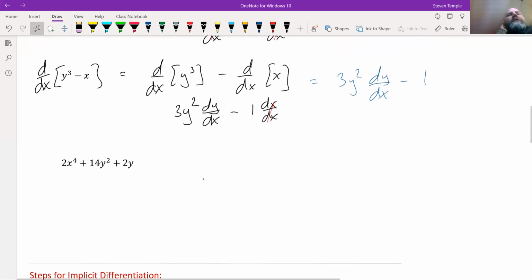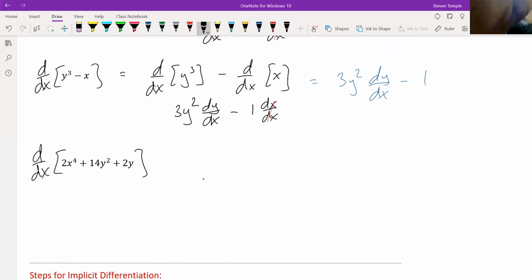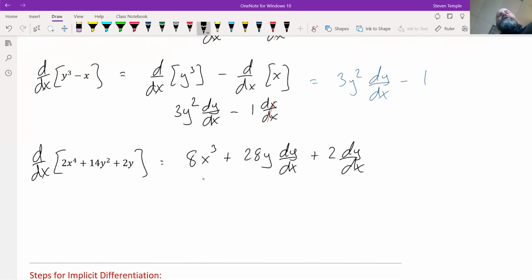For the next one, I ask you to take the derivative of this expression with respect to x. Then you're going to get 8x cubed plus 28y dy dx plus 2 dy dx. So every time you take the derivative of a non-x, a y, you're going to have a dy dx back.